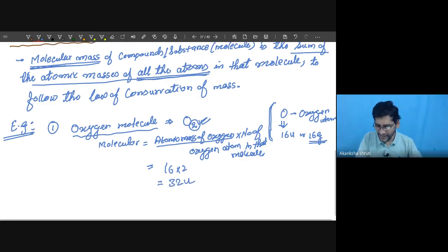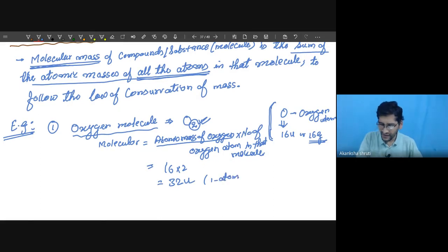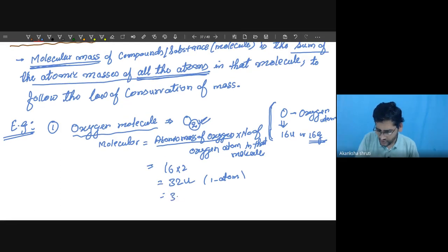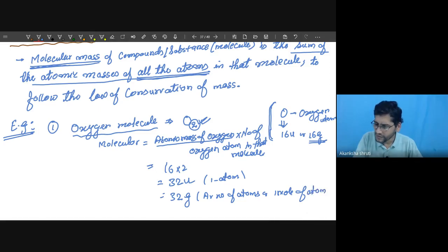This is for one molecule, or we may write this as 32 g. This is for how much? 1 mole, or Avogadro number. 1 mole means how many we are taking here?